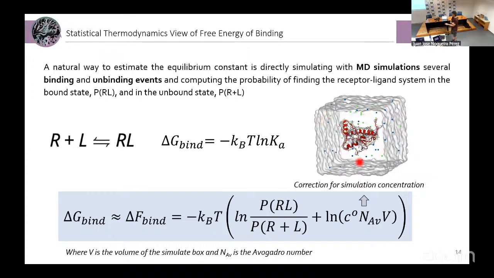So in order to correct the free energy, we need to consider a correction for the concentration that we have in the simulation box. But basically, using the probabilities, the volume of the box, the Avogadro number, and the standard concentration, we have enough things to calculate the free energy of binding. So this is theoretically correct, and this is what we can do.